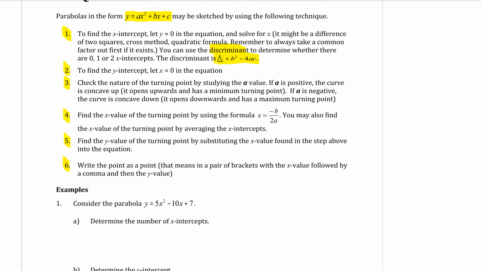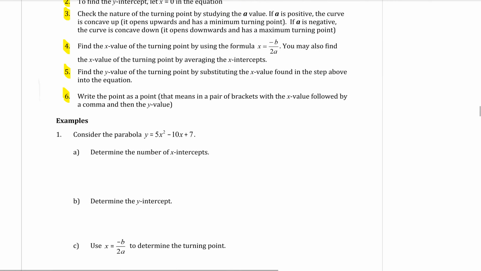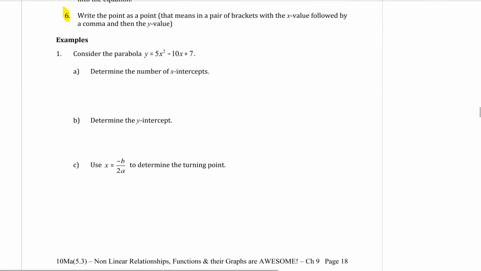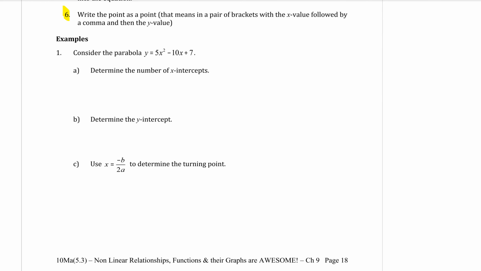Okay, let's jump into the question so you can see how this works. Example number 1. Consider the parabola y equals 5x squared minus 10x plus 7. Determine the number of x-intercepts. We could just try to factorize it or use the quadratic formula, but to save ourselves some time, this is when using the discriminant can really help.